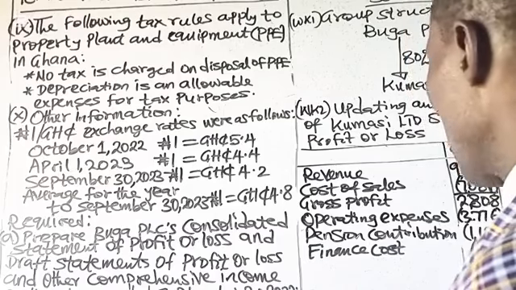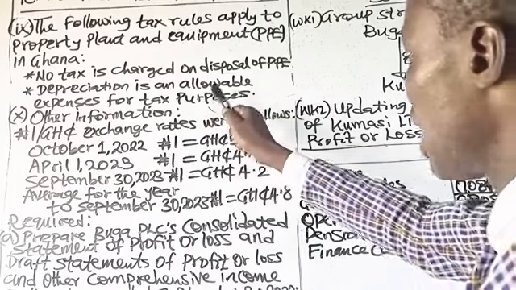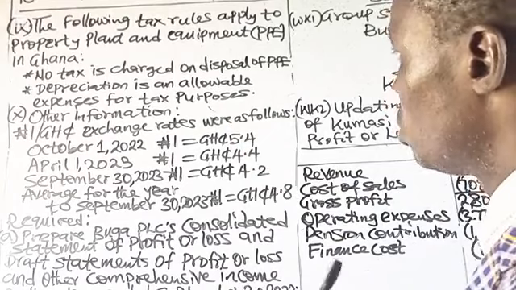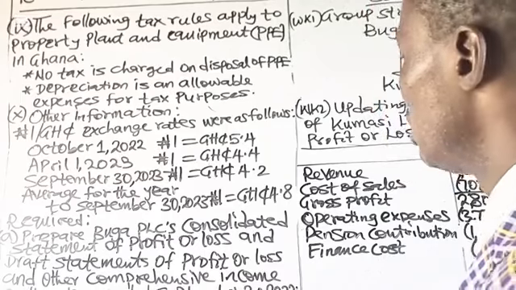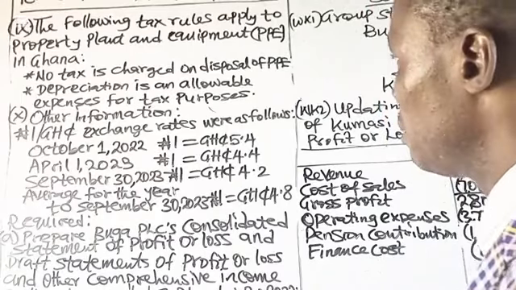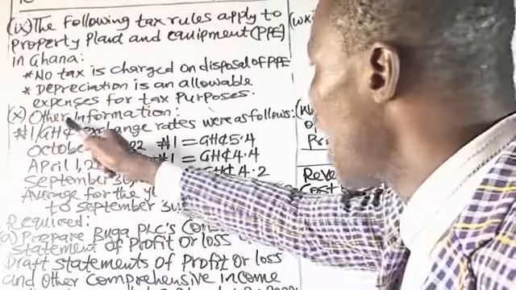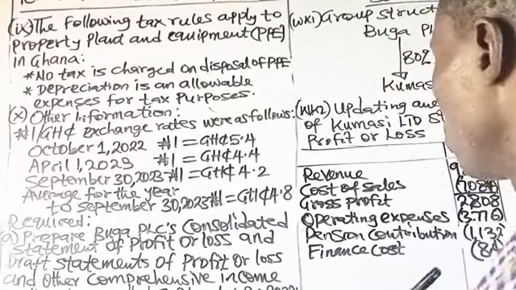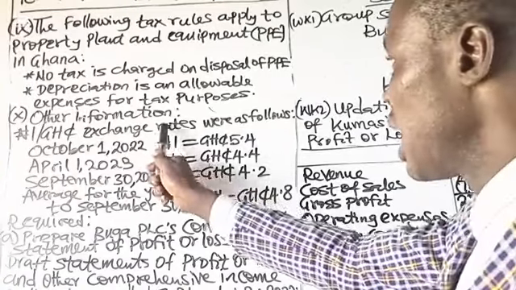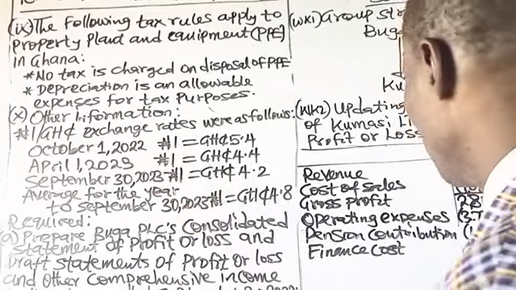Since depreciation is an allowable expense, you don't need to add back the depreciation in the computation of the tax payable. The other information is the exchange rates. So when we are translating, it is then that this information will be useful.